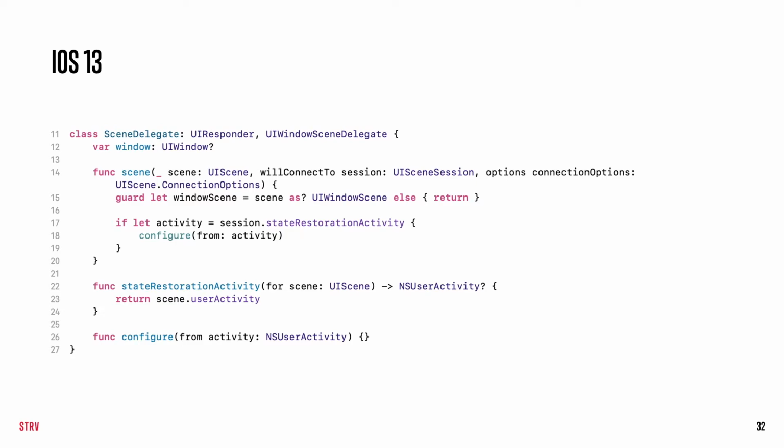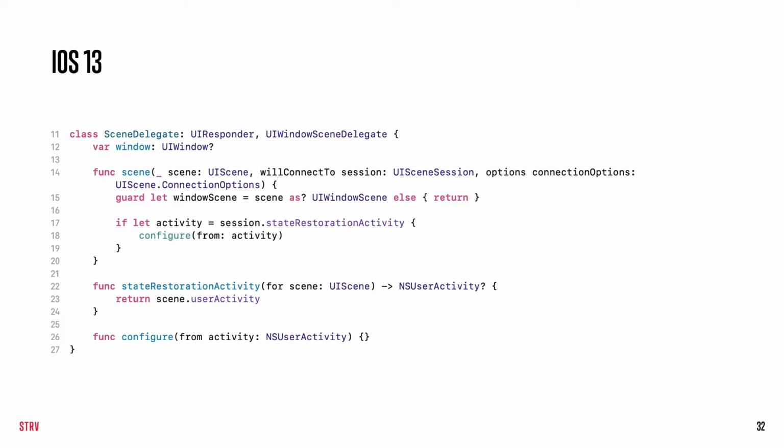There is a method in the SceneDelegate called state restoration activity, and you are supposed to return an NSUserActivity object that captures the state of the whole scene. An advantage of this is that you store the state of the whole scene, so it's architecture agnostic, I would say.